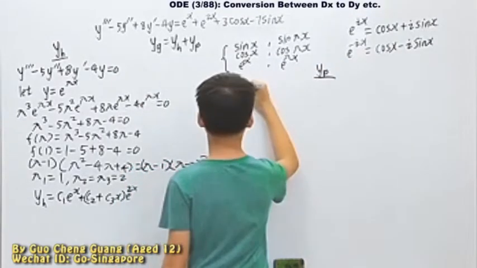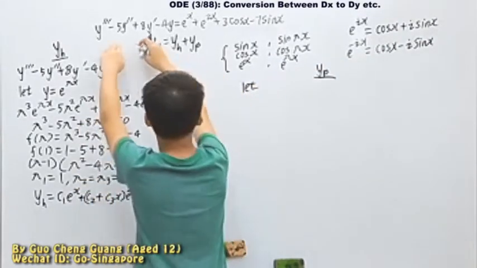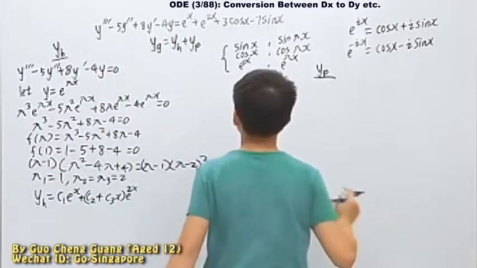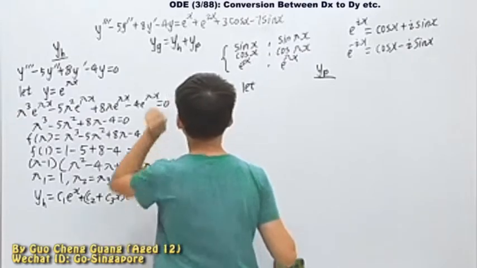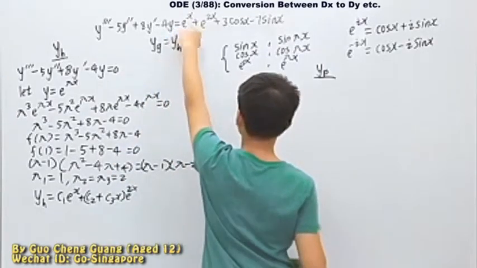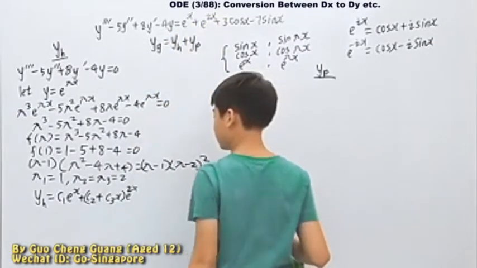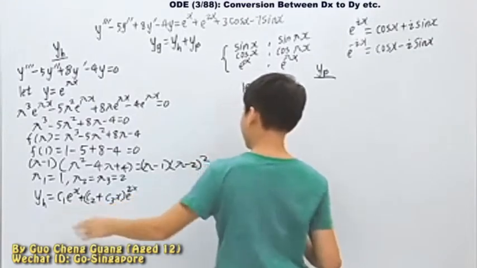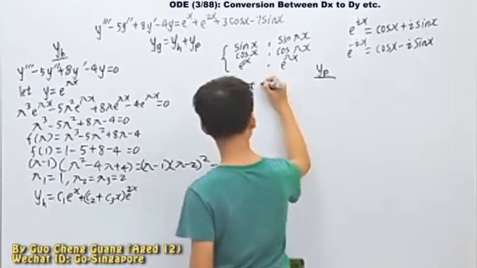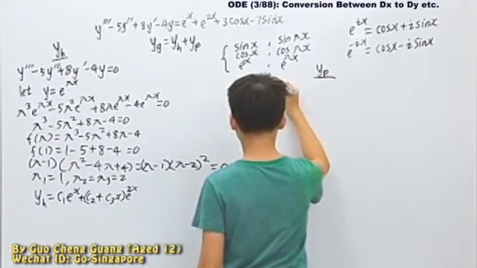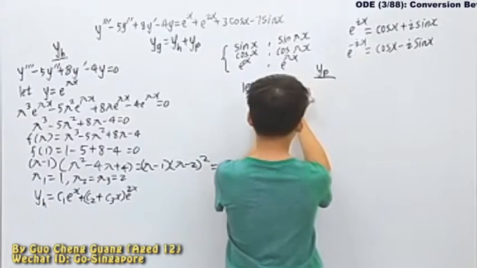So we have to let. This might look quite complicated here, so we'll just let. Let's see. You have e to the power of x. You have e to the power of 2x. But here you have e to the power of x. Here you also have e to the power of 2x. YP.